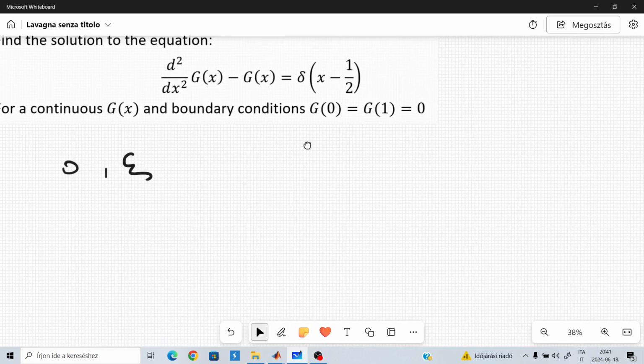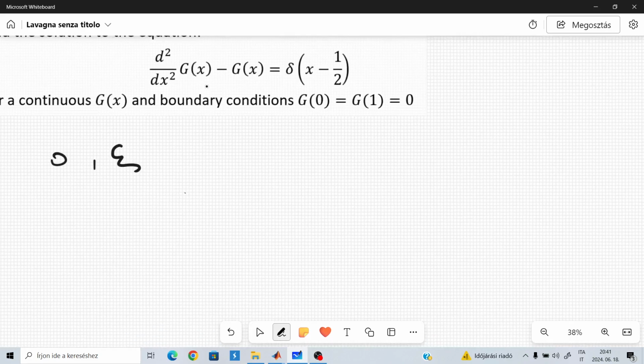But first things first, if we integrate this equation from 0 to xi, what do we get?